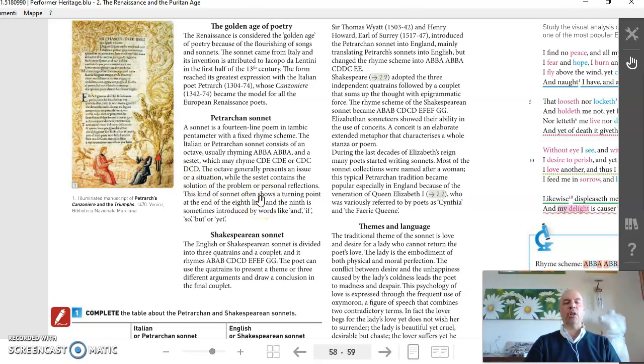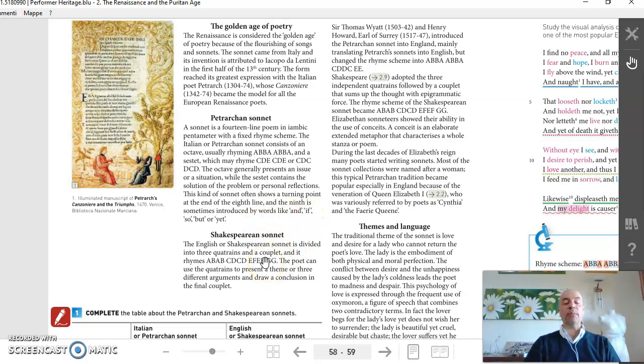The octave generally shows a problem, an event, a situation, and the sestet is usually the resolution of this problem. The turning point, the change from the problem to the resolution, is at the 8th or 9th line.